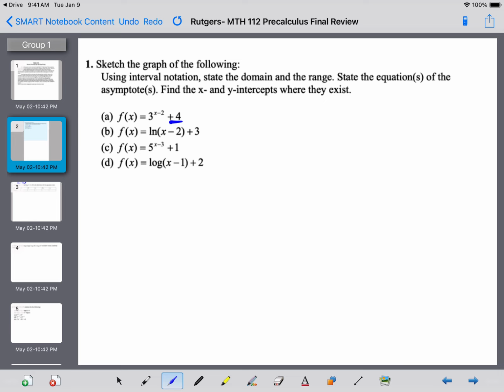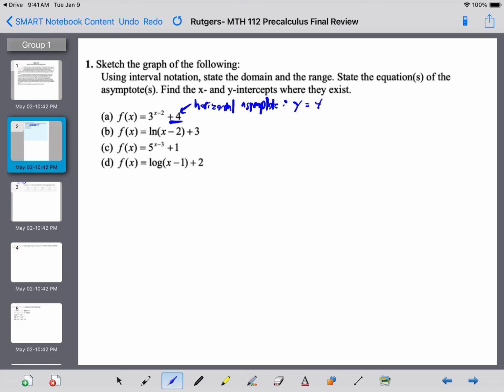So that horizontal asymptote of y equals 0 shifts up to y equals 4. So this added constant will always be your horizontal asymptote. Okay?